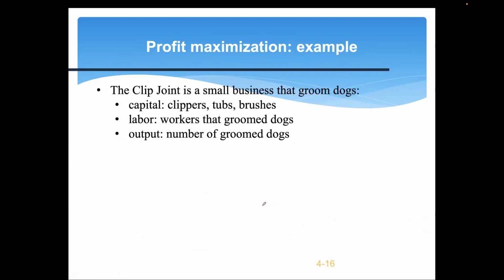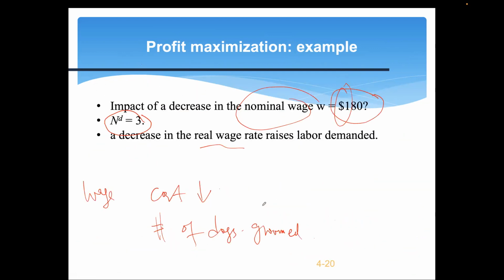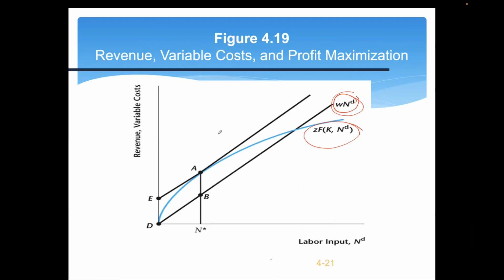Okay, now let's go back here. At the end, what the firm cares about is, let me write down, F of ND, there's a K, minus W times ND. Meaning they care about the difference between these two. Right?